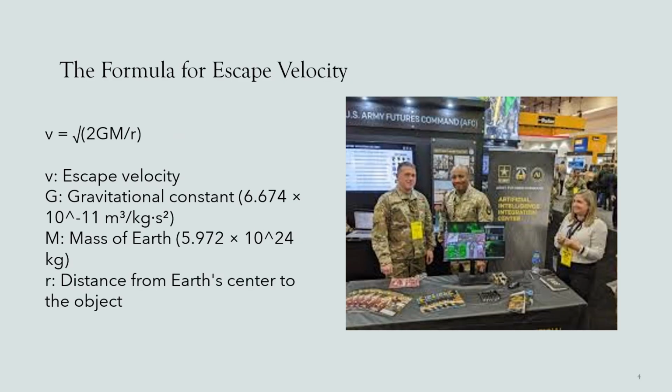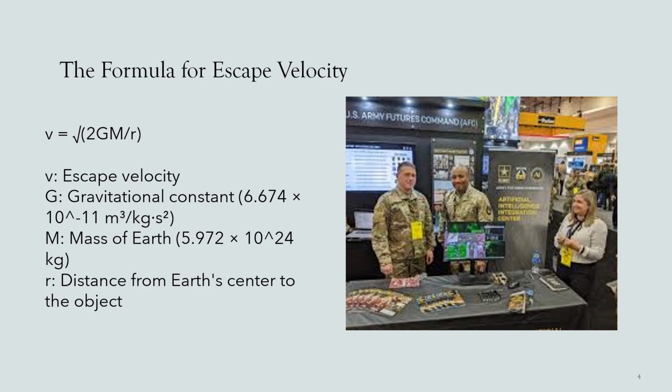The formula for escape velocity is measured here, with escape velocity as v, the gravitational constant as G, M equals the mass of the Earth, and r is the distance from Earth's center to the object. Essentially, to calculate escape velocity, we need to understand a few different factors. First, gravitation.